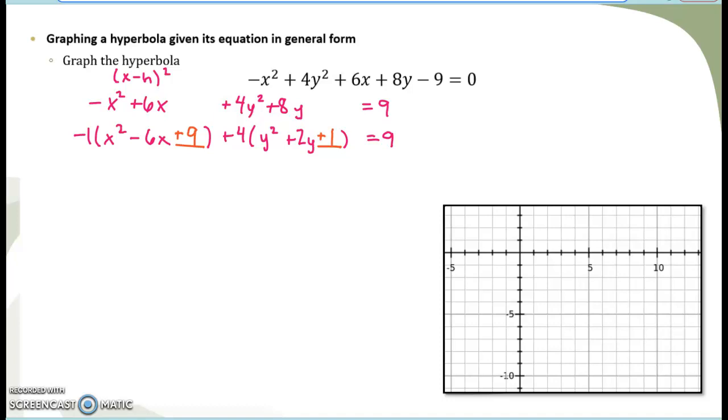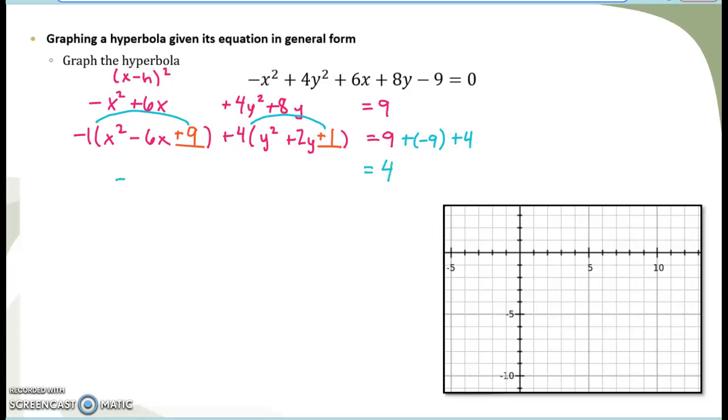But let's go back, because I'm not just adding 9, I'm adding 9 times negative 1, because this negative 1 is multiplied by every single term inside the parentheses. So I'm really adding a negative 9 here. And then for this piece, what am I adding? I'm adding 1 times 4, or 4. And because I added it to the left, I have to add it to the right, so that's this work here. So 9 plus negative 9 plus 4 is just 4.